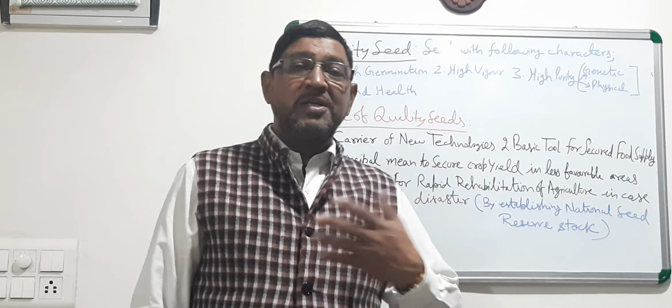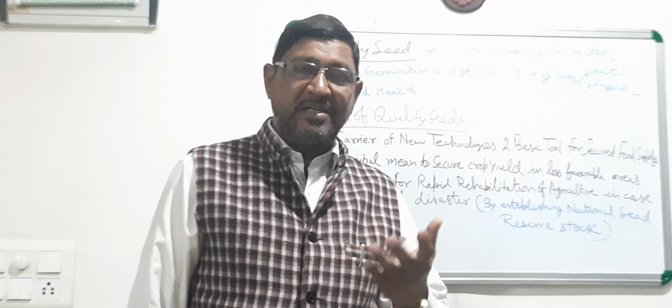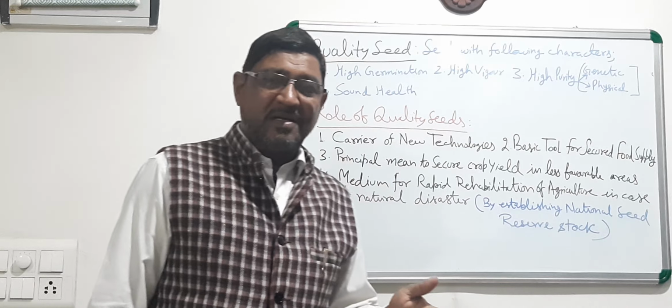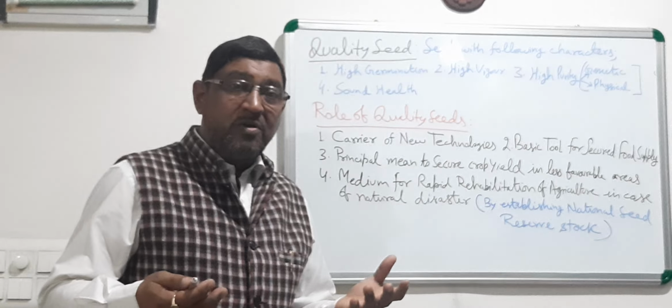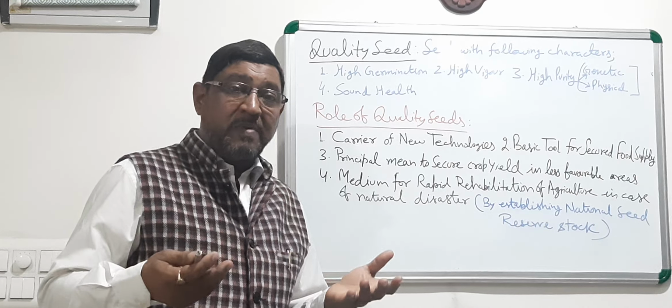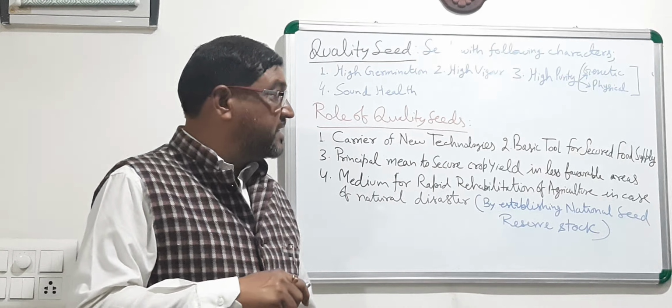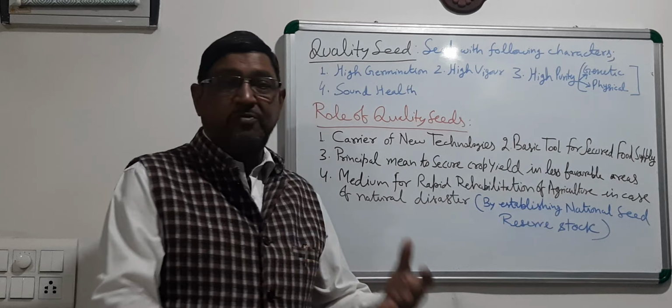You are exporting a lot, particularly wheat and rice, which were being imported a lot earlier, before your green revolution. So how has it been done? It has been done by the varieties, in the form of good quality seed. You can secure the food supply.